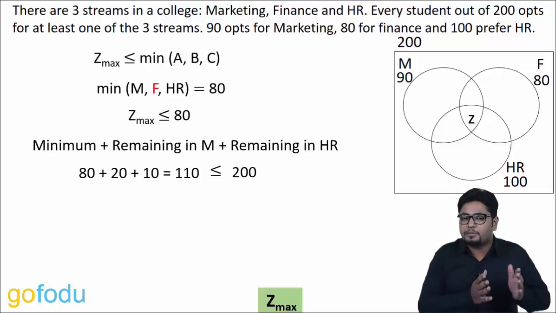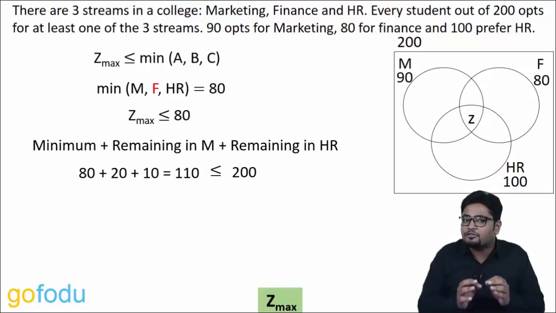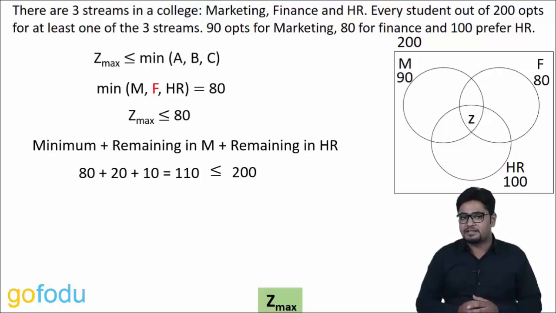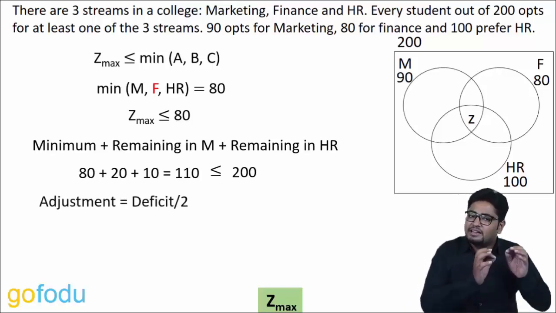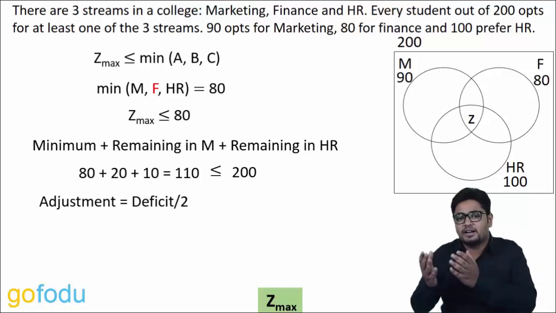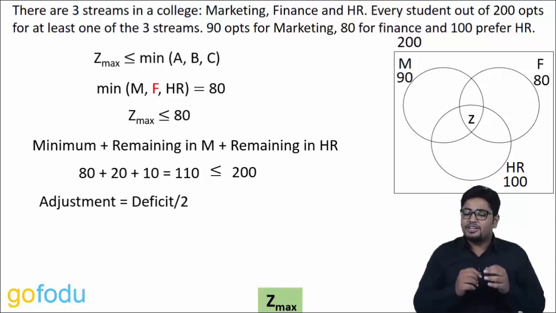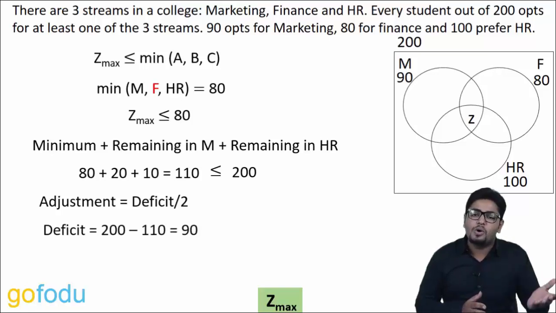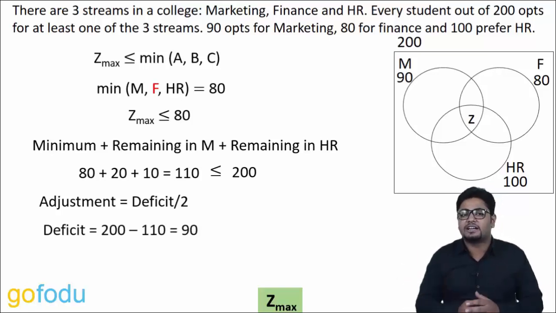As I mentioned in the previous example, we have to make some adjustment to overcome this deficiency of elements. This adjustment is nothing but the deficit value divided by 2. Here the deficit value is 200 minus 110, that is 90.